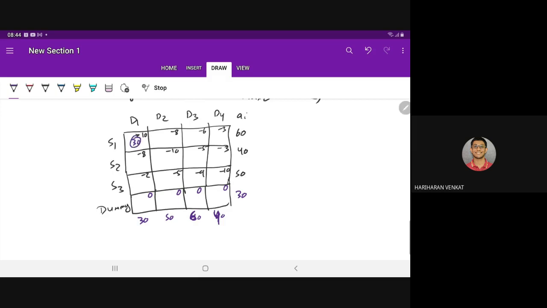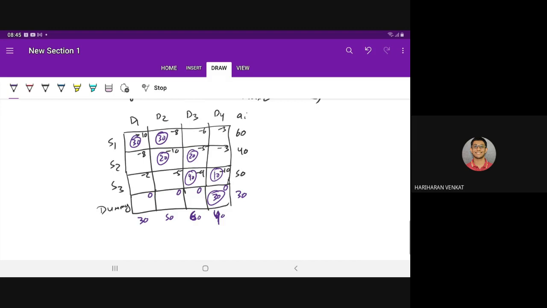So 30, 20, 20, 40, 10, and 30. So this is the initial basic feasible solution of the minimization problem through the northwest corner method, obtained from the maximization problem by multiplying all costs with minus 1.